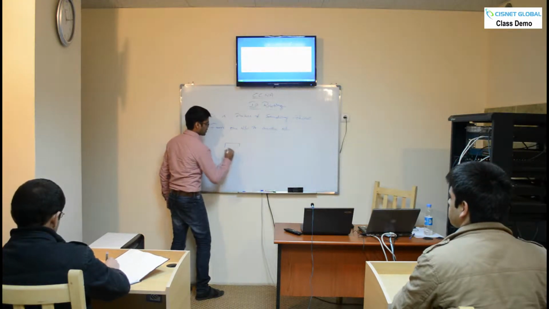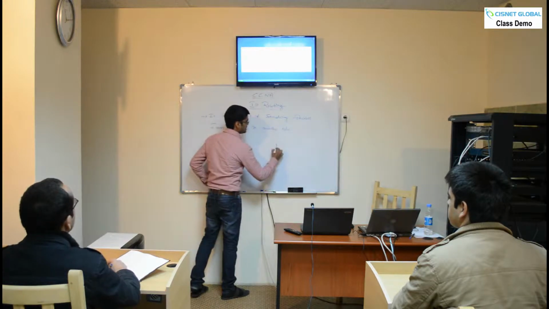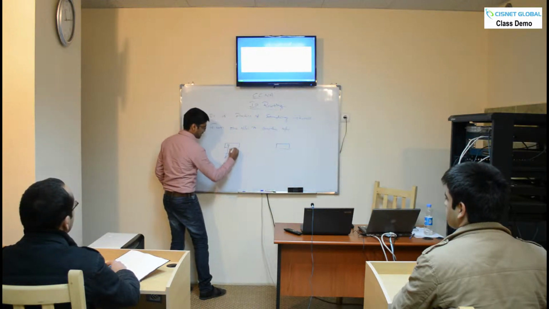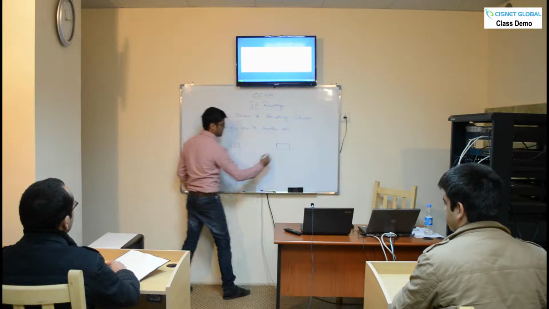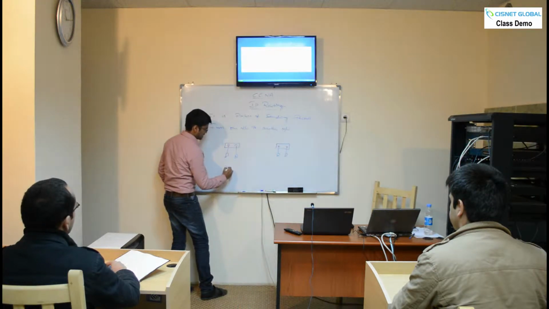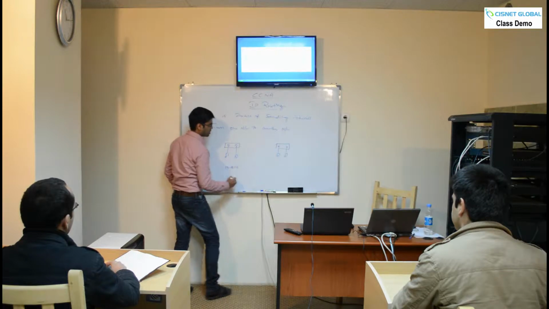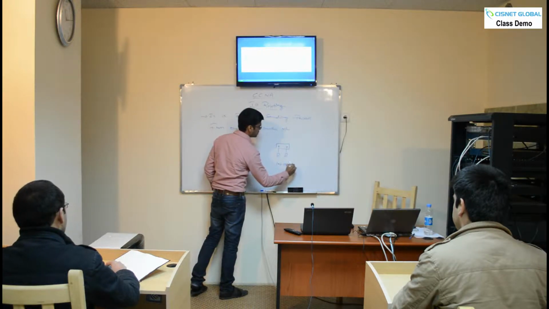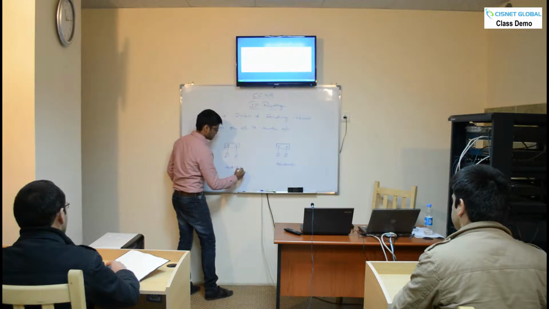Now let's take an example. I have one switch and here is another switch. When I connect these devices, and assume that here also we have a few devices, they are running in different networks. For example, 192.168.1.0 network and 192.168.2.0/24 network.